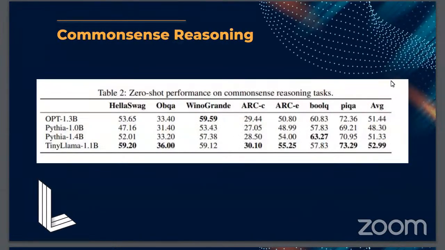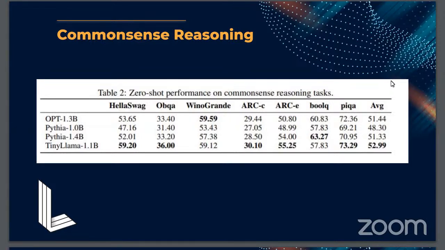Let's look at the first task it was evaluated on, the common sense reasoning task. Here, the model was evaluated against models with similar parameters: OPT 1.3 billion, Pythia 1.0 billion, and Pythia 1.4 billion.